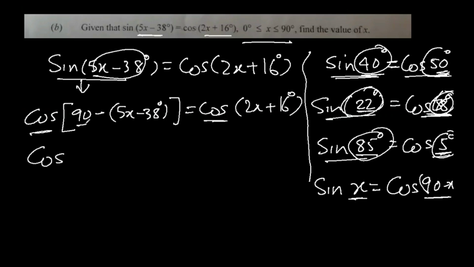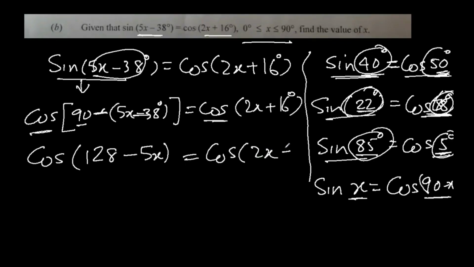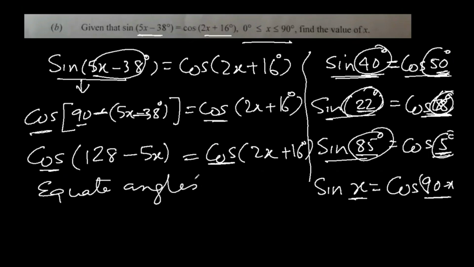Okay, this minus and this 38 will make it 128 minus 5x equal to cos 2x plus 16. And now, because both of them are cos now, we can equate angles. So 128 minus 5x equal to 2x plus 16.